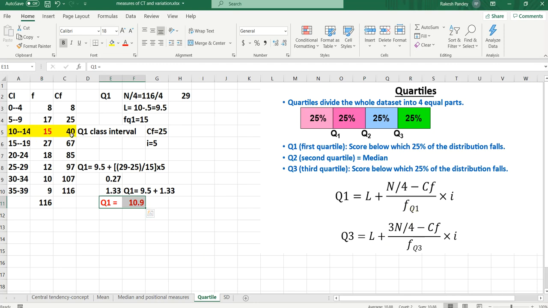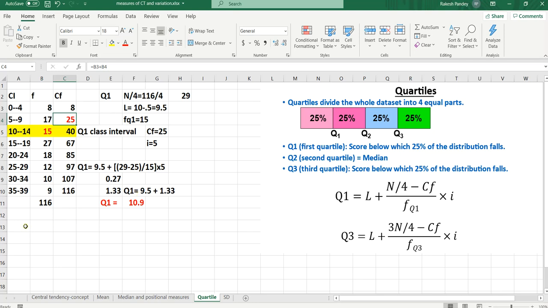Then the cumulative frequency preceding this class, 25, which is required in this formula. And then the size of the class interval. So what is the difference? 5, 10, 15, 20, 5. So these are the values, and when we put them in, we will get Q1.